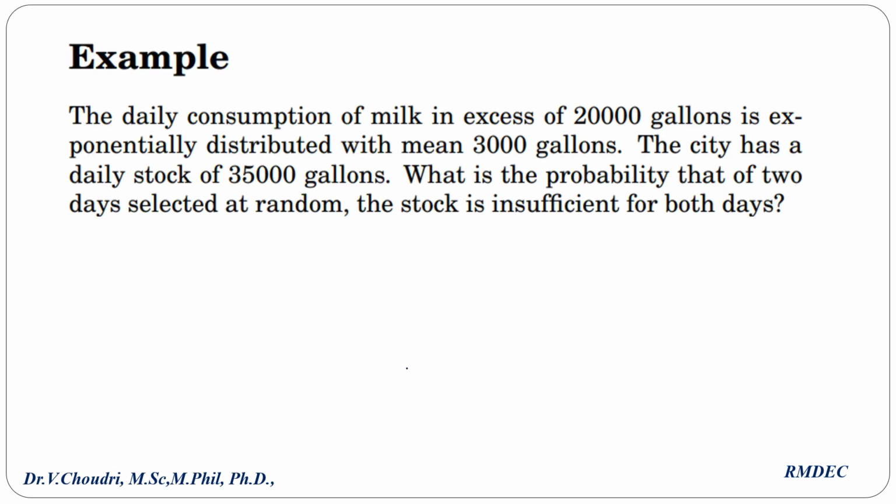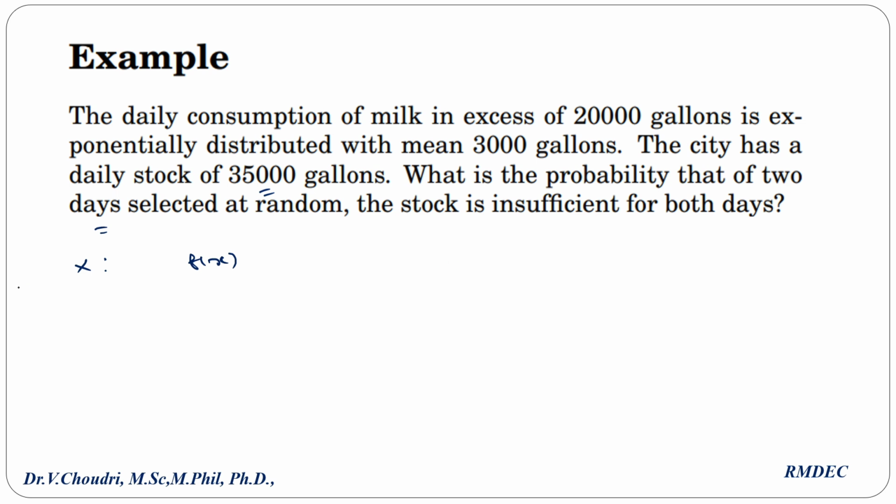Next, the daily consumption of milk in excess of 2000 gallons is exponentially distributed with mean 3000 gallons. The city has a daily stock of 35,000 gallons. What is the probability that, of 2 days selected at random, the stock is insufficient for both days? As already told, for every problem we should define the random variable and the corresponding probability density function.